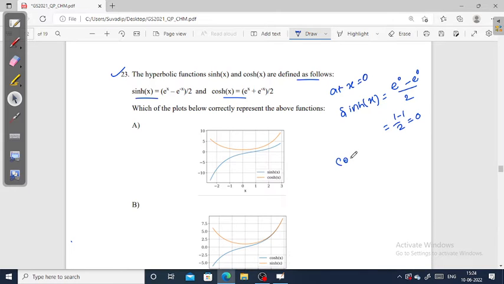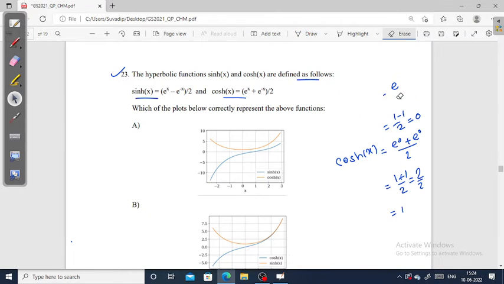And cosh x will be e to the power 0 plus e to the power 0 by 2, that means 1 plus 1 by 2, that means 2 by 2, and this is 1. So now we have seen that at x equals 0, the sine function will be 0 and the cos function will be 1.